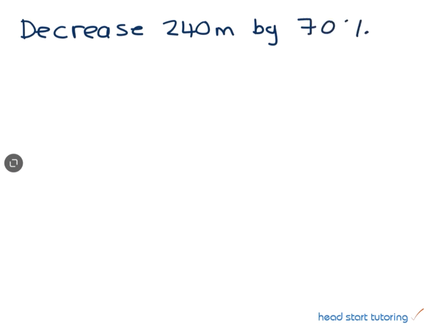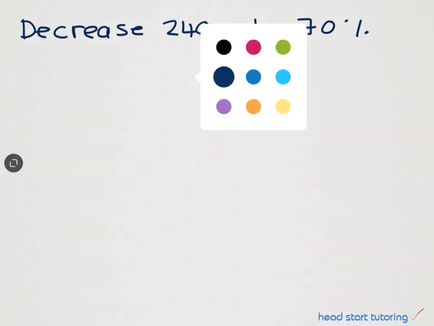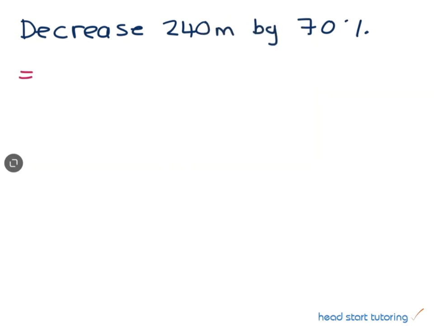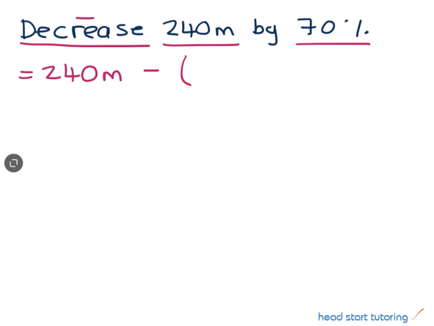If we would like to decrease 240 meters by 70%, what we need to do is again set out our question into working out that makes sense to us. So 240 we are now minusing, so we are decreasing, which means we are minusing by, and then we open our brackets, and it's that 70% of our 240 meters.